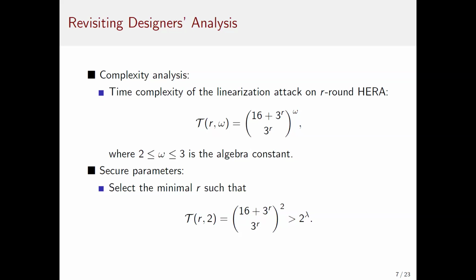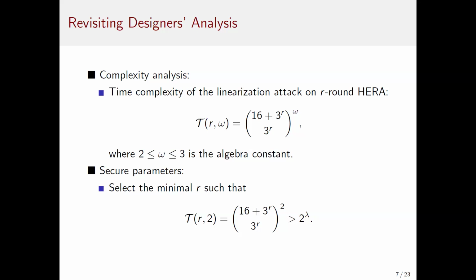The complexity of this attack is simply to perform the Gauss elimination on the coefficient matrix, and omega is the algebraic constant for Gauss elimination. As this is the most effective attack, the designers selected the secure parameters for Hila in this way.